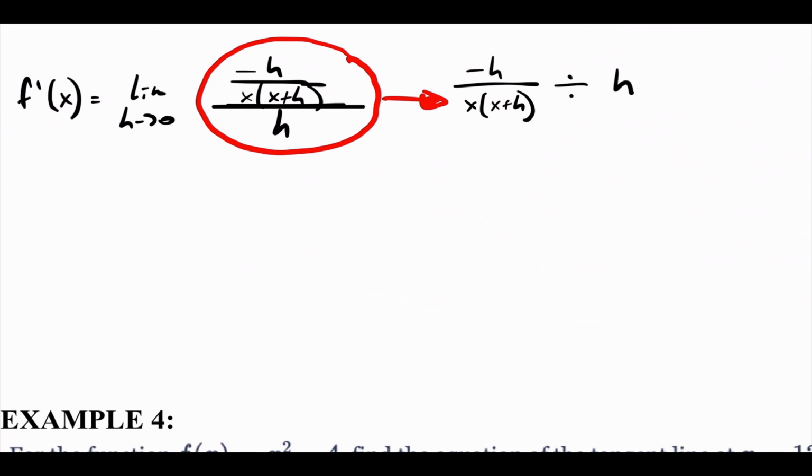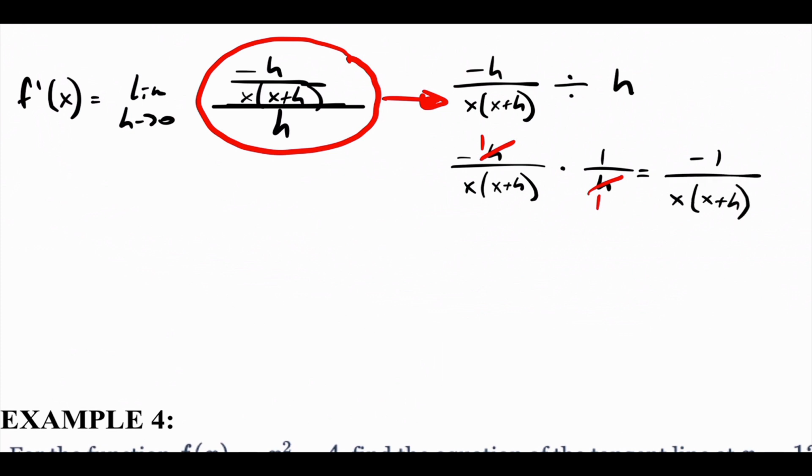How do we divide? Keep, change, flip. The h's will factor out to become 1's. And you get negative 1 over x plus h.